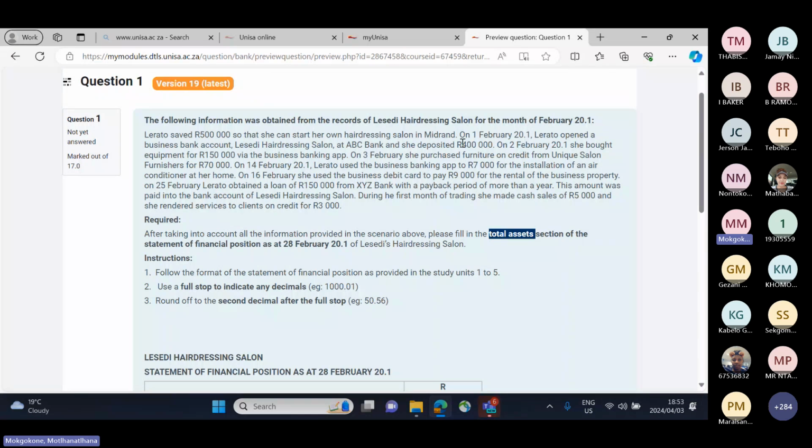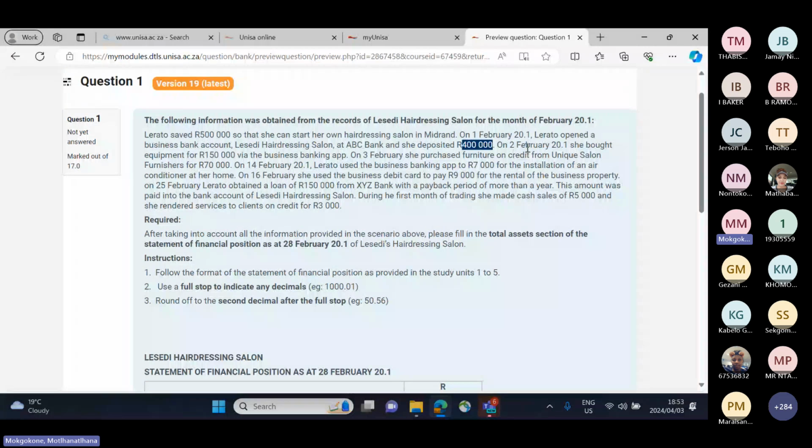That means the business bank account, which is an asset, increases by 400,000. And remember, a bank account is an asset and it will form part of our current assets. That means your current assets must also increase by 400 under bank, which will fall under cash and cash equivalents.